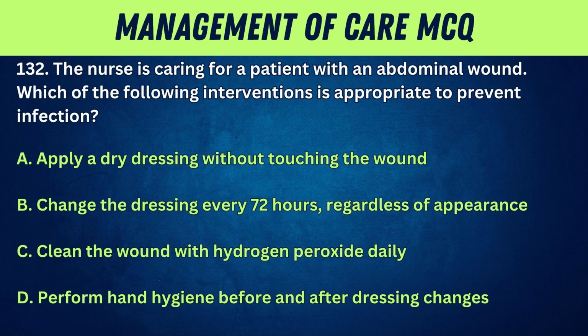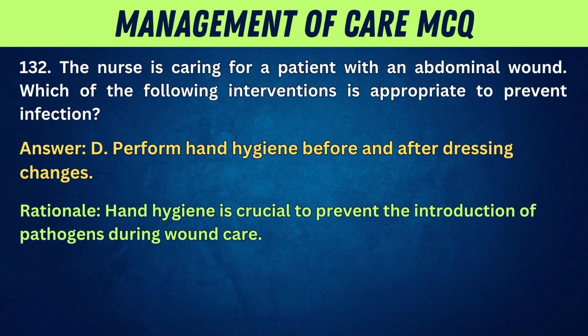B. Change the dressing every 72 hours, regardless of appearance. C. Clean the wound with hydrogen peroxide daily. D. Perform hand hygiene before and after dressing changes. Answer: D. Perform hand hygiene before and after dressing changes. Rationale: Hand hygiene is crucial to prevent the introduction of pathogens during wound care.